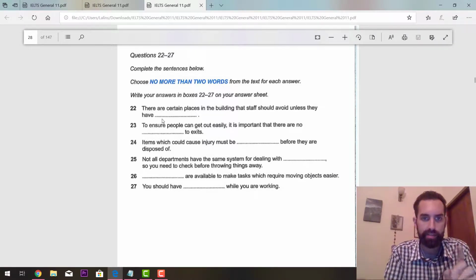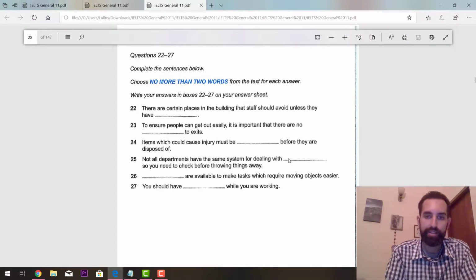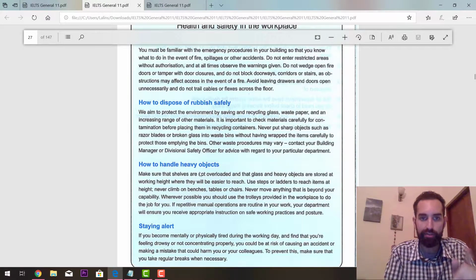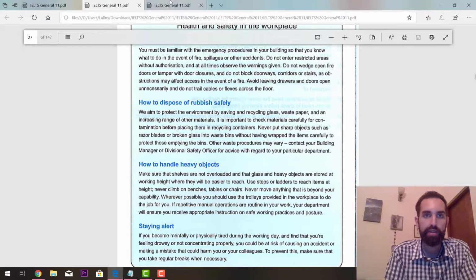Okay, so this, not the same system for dealing with, would obviously be waste or rubbish, because the next question is clearly about moving objects, which will be how to handle heavy objects. So other waste procedures, but they'll also take rubbish, because rubbish is also used, so you can call it waste or rubbish.